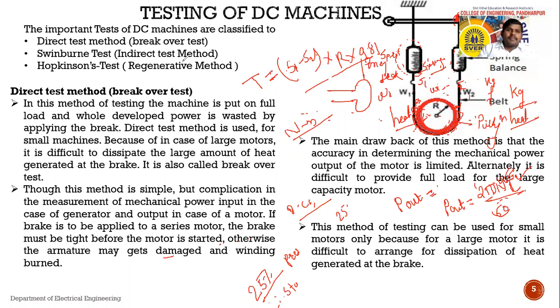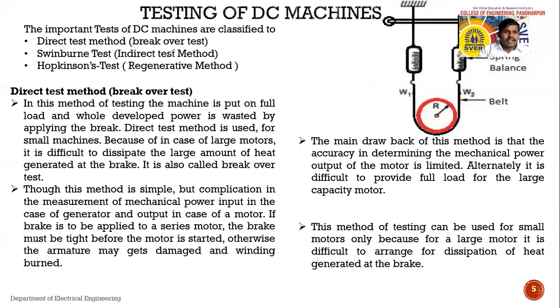Some calculation part, we have already done the calculation in the practical, but I am telling it once again. While doing the calculation, first of all we take the readings of W1, W2, or it may be S1, S2.